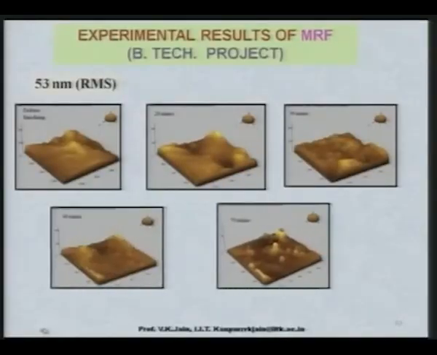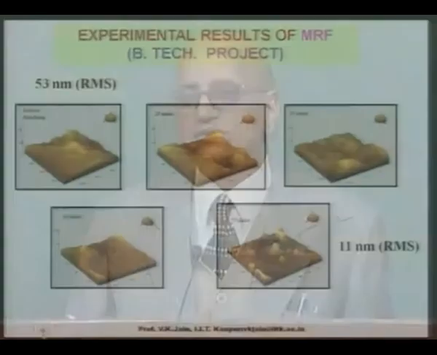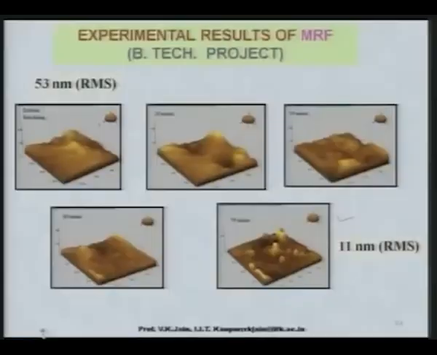Then they finished it for 50 minutes, and the surface roughness obtained was just 11 nanometer. So, there was a substantial reduction in the RMS value, around 5 times in 50 minutes, and 11 nanometer is really a very good surface finish, provided there are no defects.